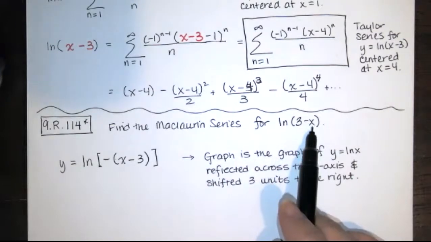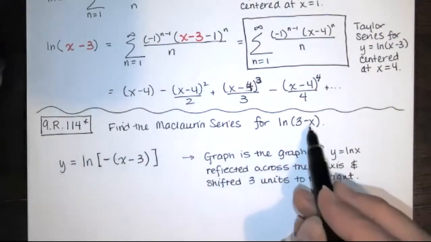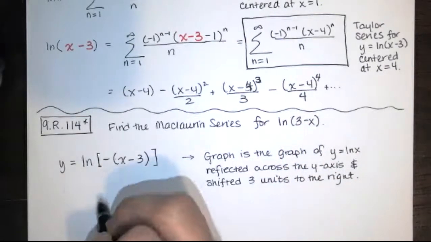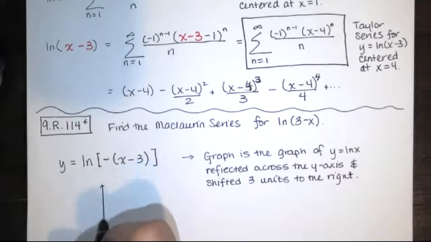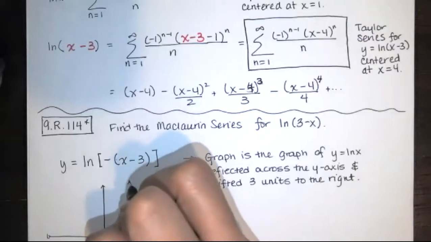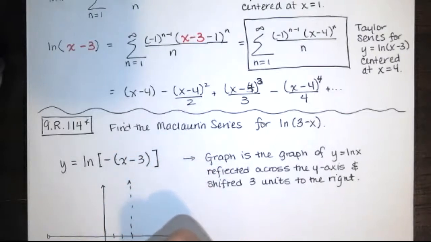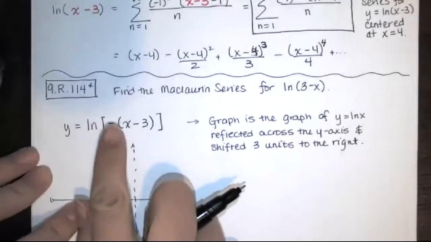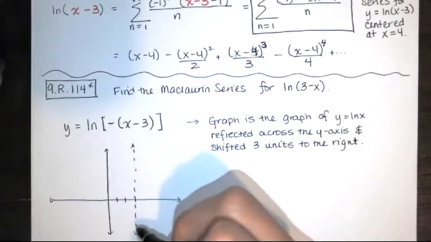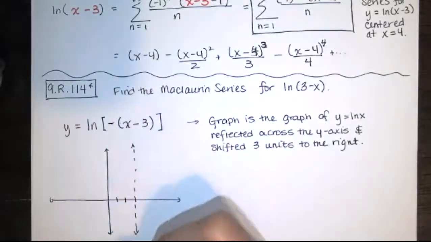So here when x equals 2, natural log of 3 minus 2 would be natural log of 1, which is 0. So what we would see is a graph that looks like this. It still has an asymptote at x equals 3. But because I replaced that x minus 3 with a -1 times x minus 3, instead of being defined over here, I made it defined on this side.